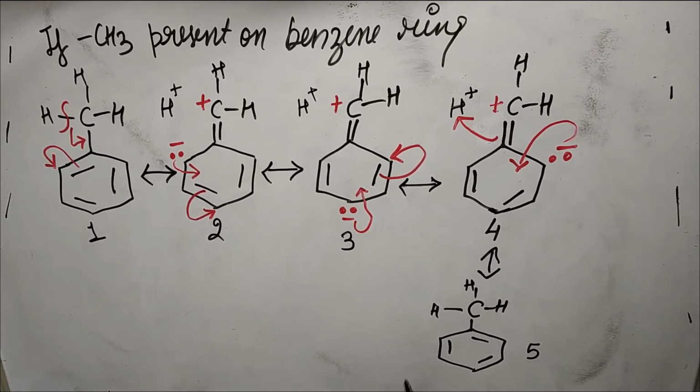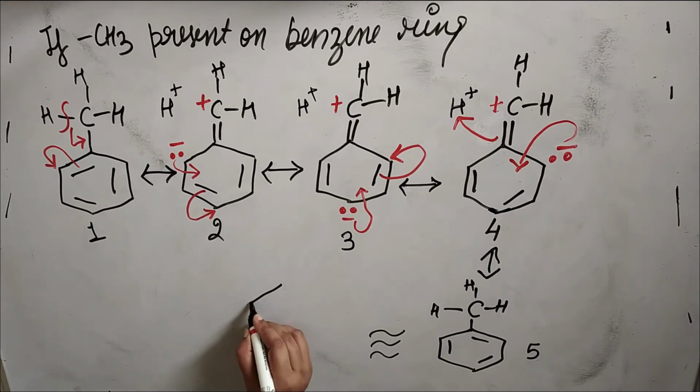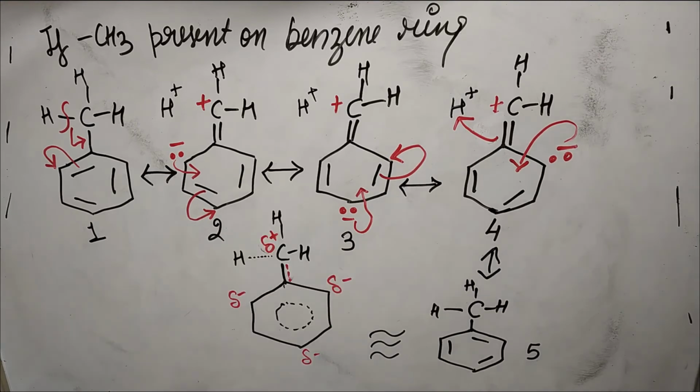So now let's draw the resonating structure, or the combination of all these structures 1, 2, 3, 4, 5. If we combine this, this is the resonance structure, the combination of structures 1, 2, 3, 4 and 5.